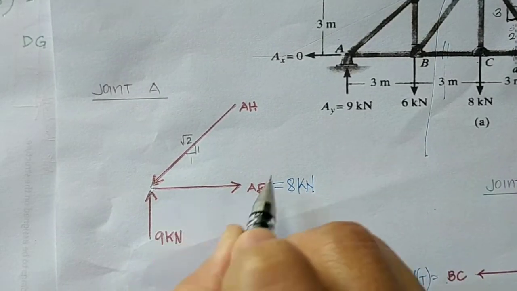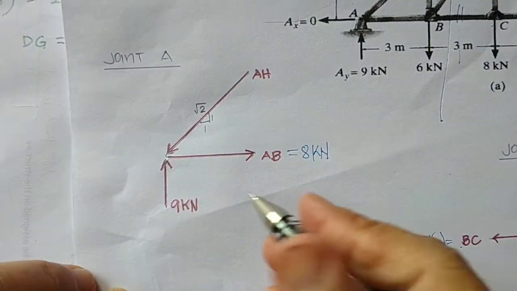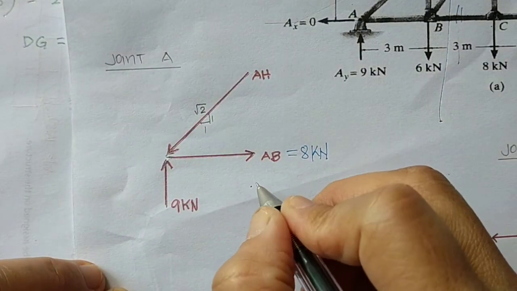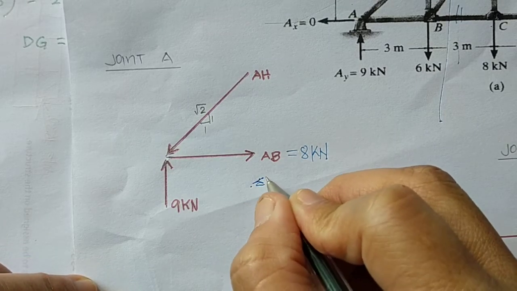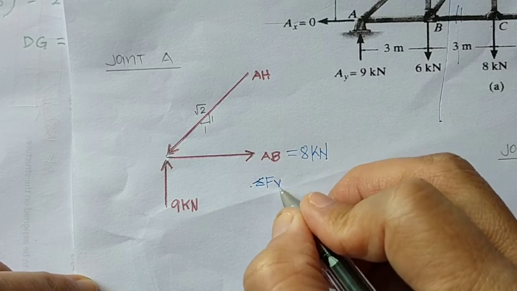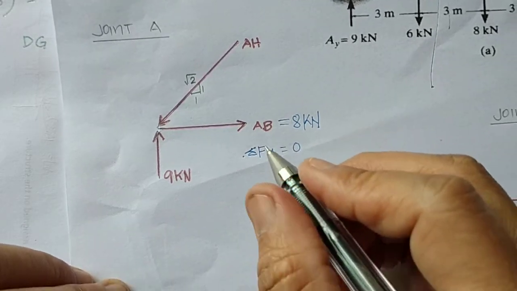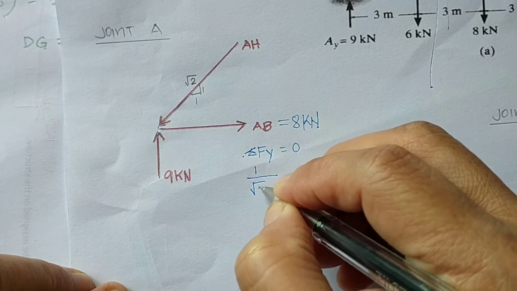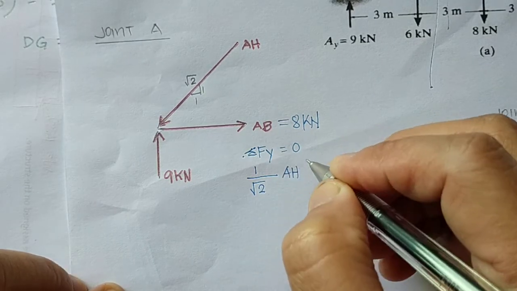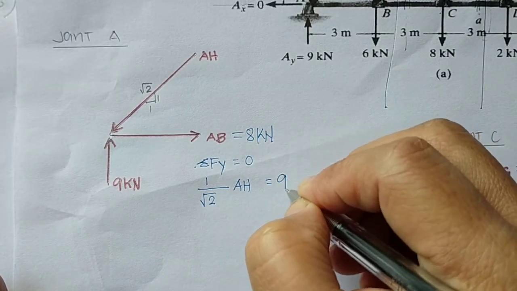We can get the value of AH. So either summation of force horizontal or force vertical. So this time, use the summation of force along y-axis or vertical. That is 1 over square root of 2 AH should be equals to 9.